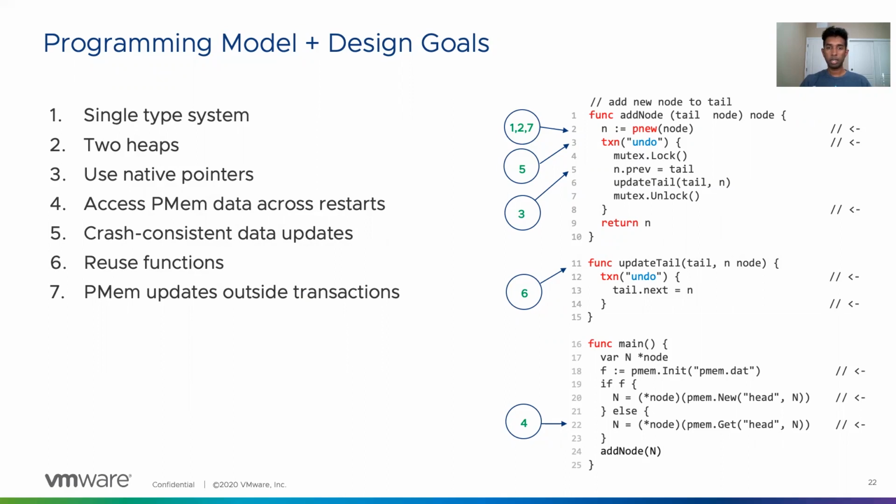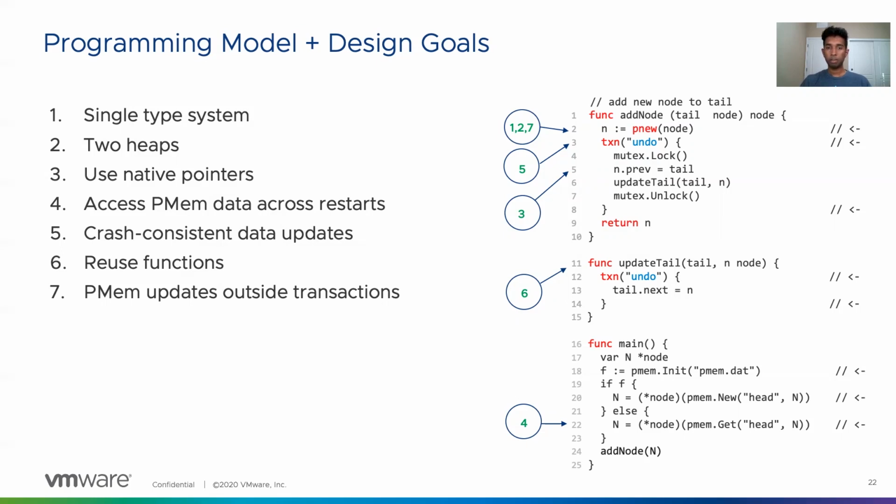GoPmem uses native pointers, but offers features such as heap relocation that I will talk about later. Line 5 shows a pmem pointer update. Pmem pointers can be accessed and modified just like volatile memory pointers. Line 6 shows a function used inside a txn block.